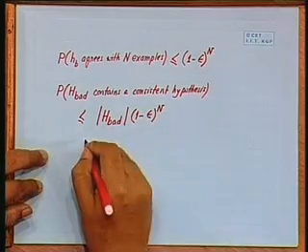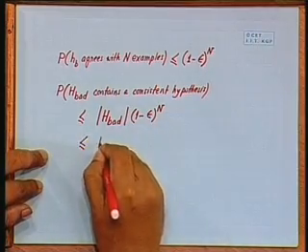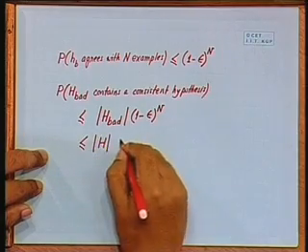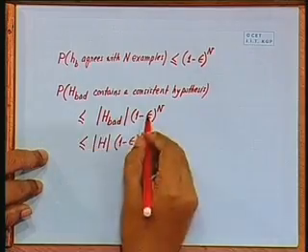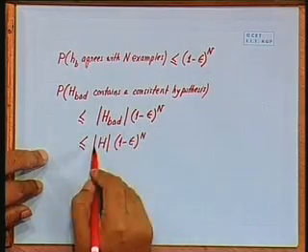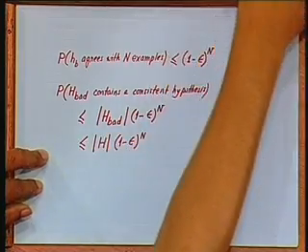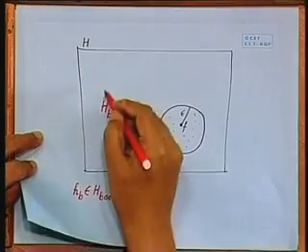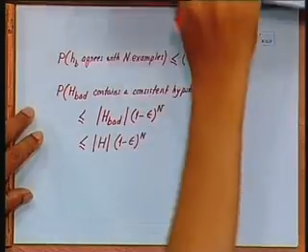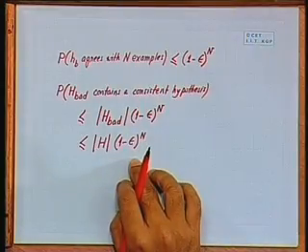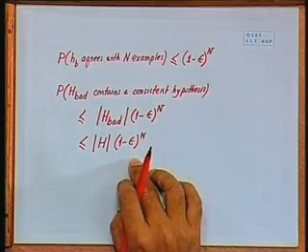Now, this we can write is less than or equal to the cardinality of H times (1 minus epsilon) to the power of n, and this is so because, recall that H bad is actually a subset of H, right. So, we can write this, okay.